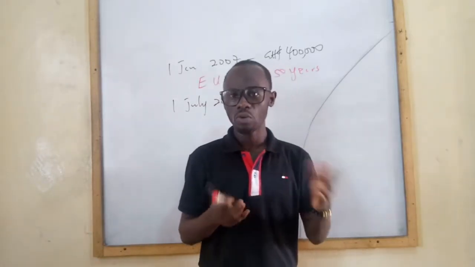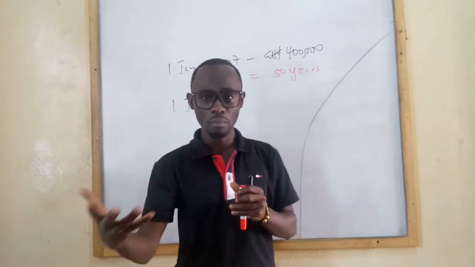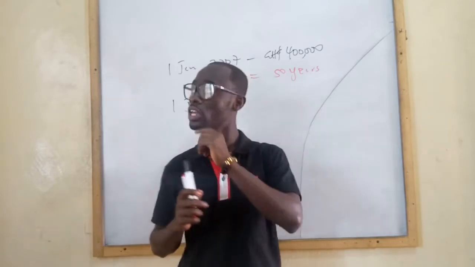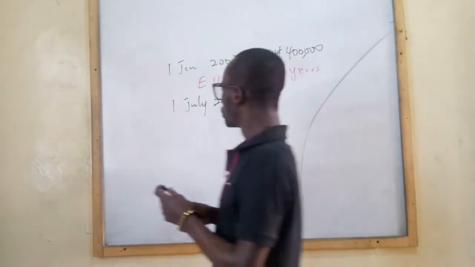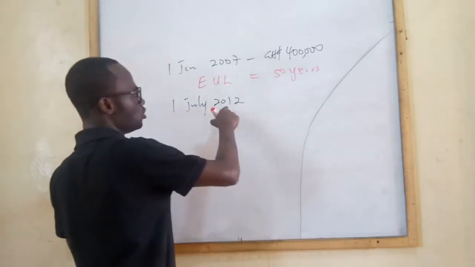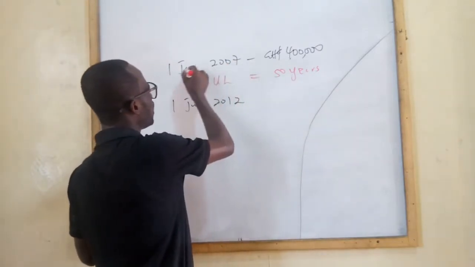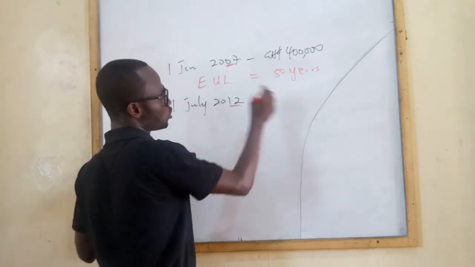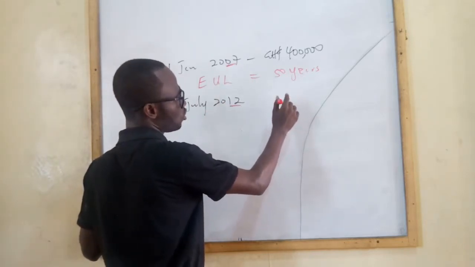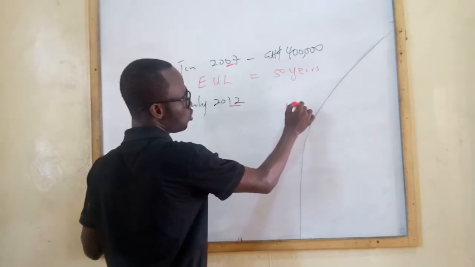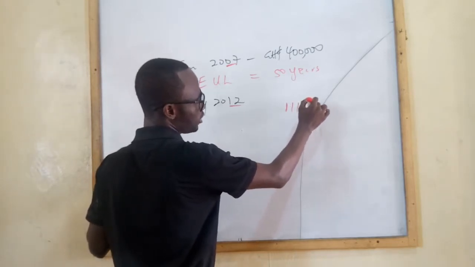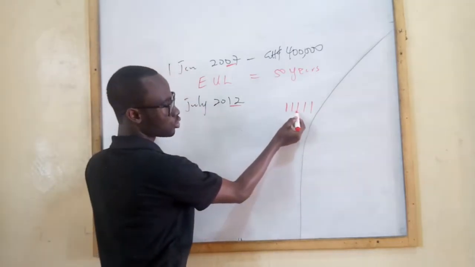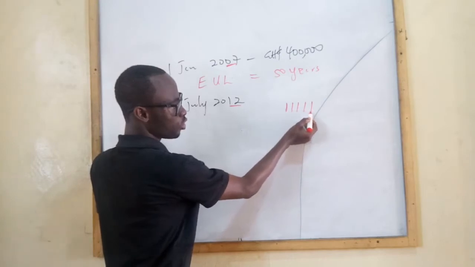Then we can determine whether there is a surplus or gain upon the conversion. We are very much interested in that. So let's do the math. From 1st January 2007 to 2012, that will be 2007, 2008, 2009, 2010, 2011.